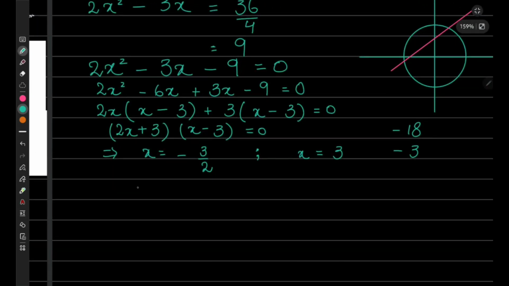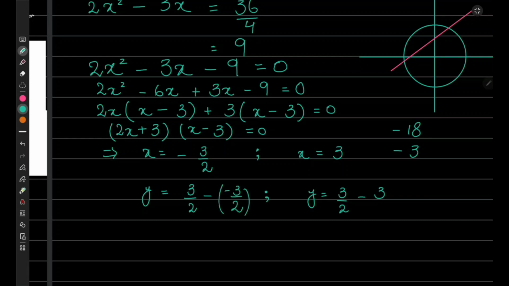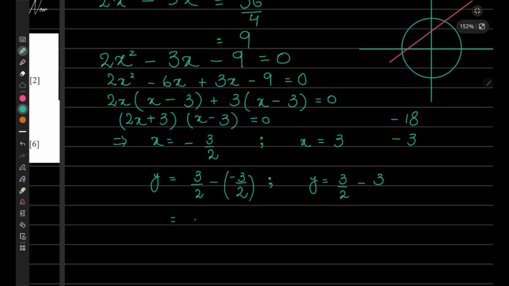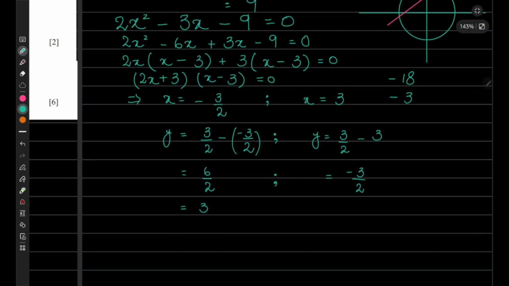We get y values to be 6 over 2, that is 3, and minus 3 over 2.